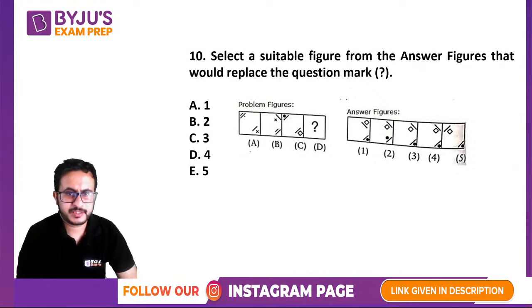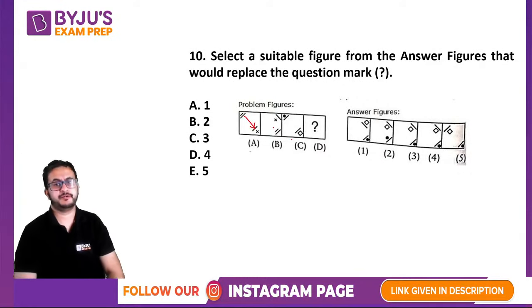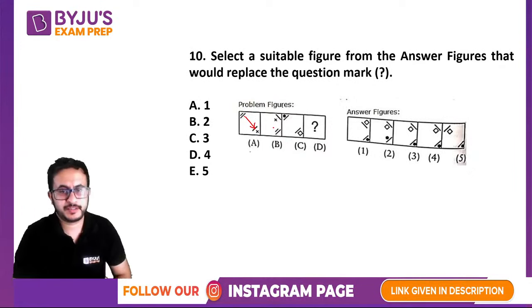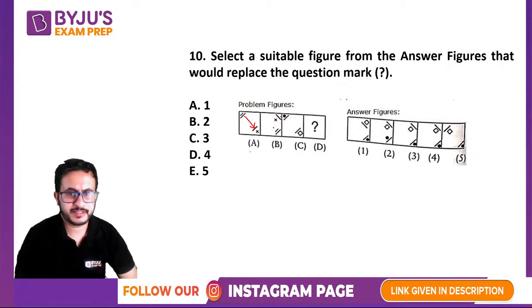What happened in image A is this part came down straight away, right? This came diagonally down. Now this thing, it went this side, and how did it go this side?